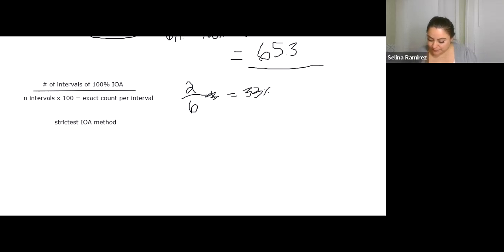Okay, so the next one is going to be trial by trial. The agreement between two observers who measure the occurrence or non-occurrence of discrete trial behaviors, for which the count of each trial or response opportunity can be 0 or 1, can be calculated by comparing the observers' total counts or by comparing their counts on a trial by trial basis.